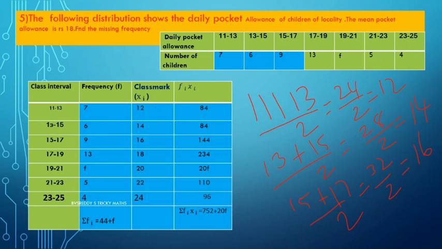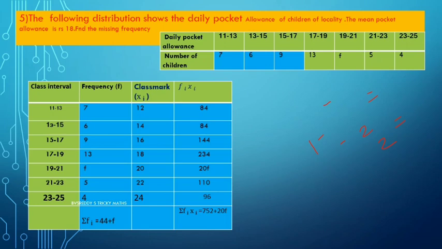Next we multiply fi and xi. That means 7 into 12, 84; 6 into 14, 84; 9 into 16, 144; 13 into 18, 234; f into 20, 20f; 5 into 22, 110; 4 into 24, 96.